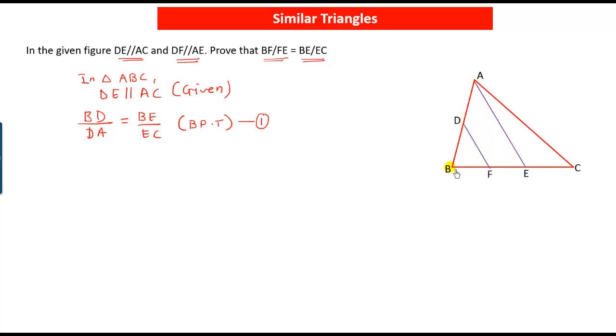So in triangle ABE, DF is parallel to AE, and therefore we can say that DB upon DA is equal to BF upon FE.